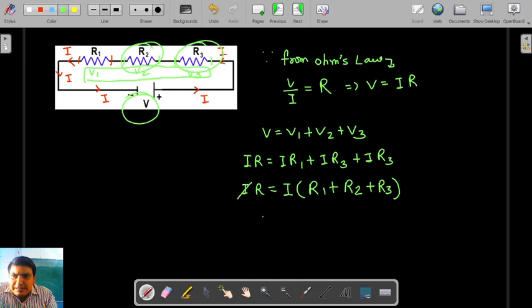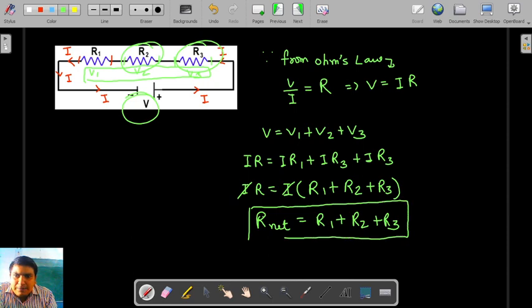So the net resistance, or total resistance, is R1 plus R2 plus R3. This is the formula for the series combination of resistances. I hope you are getting my point.